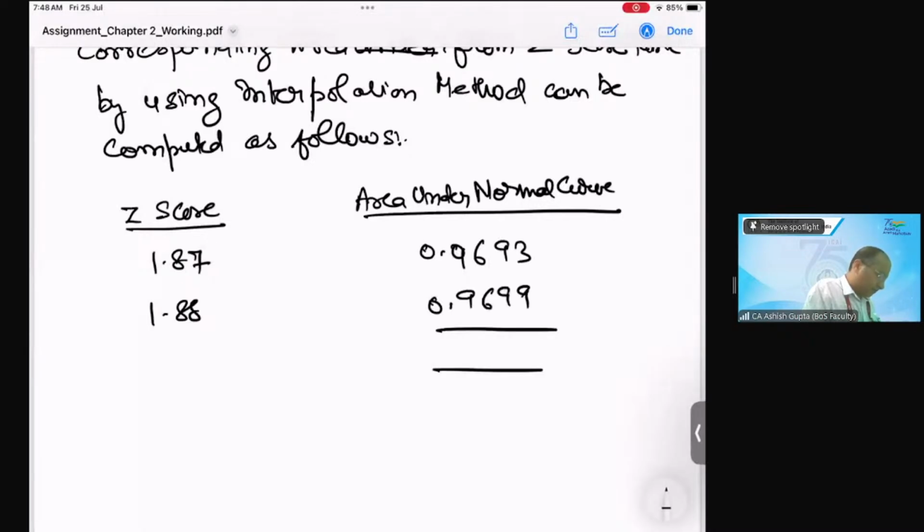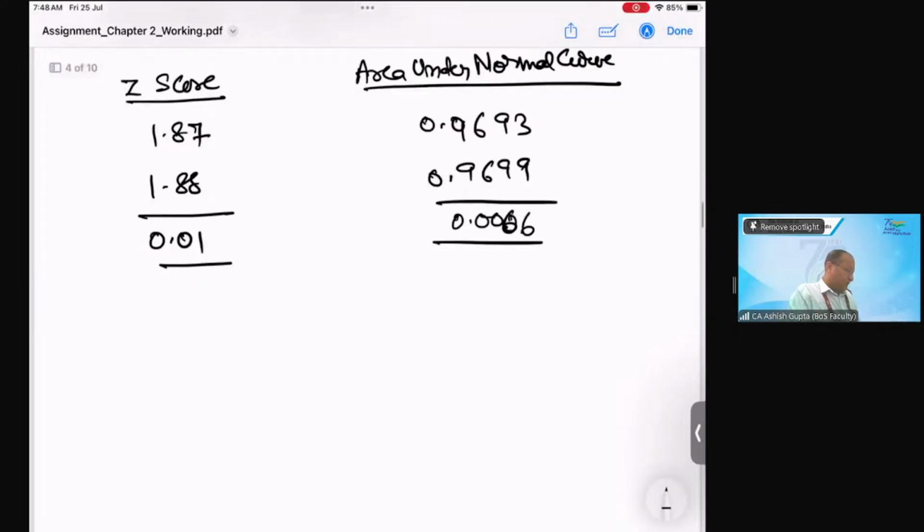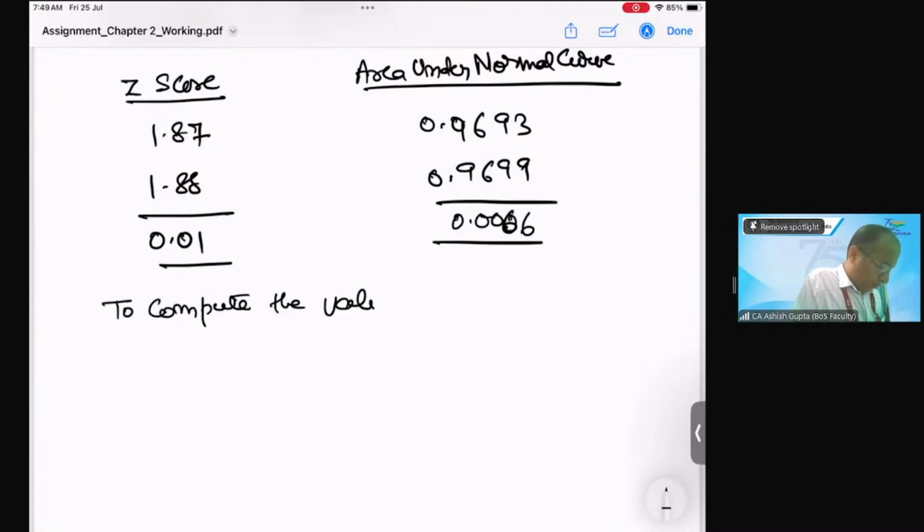We find the difference. The Z score difference of 0.01 is equivalent to 0.0006. So now I can compute the value for the 0.005 Z score.